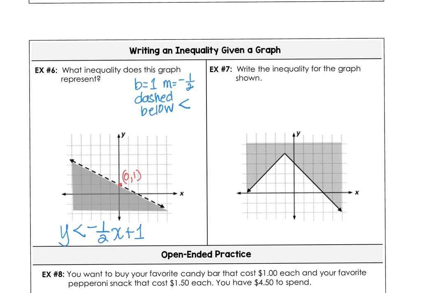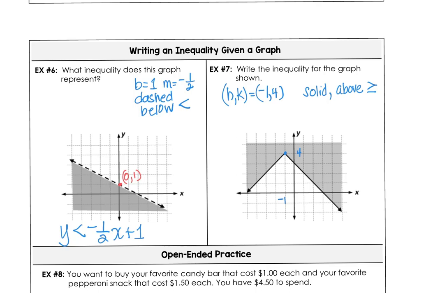On example 7, the h, k value for your vertex is located at (-1, 4). You have a solid boundary. You're shaded above, so that would turn out to be greater than or equal to.